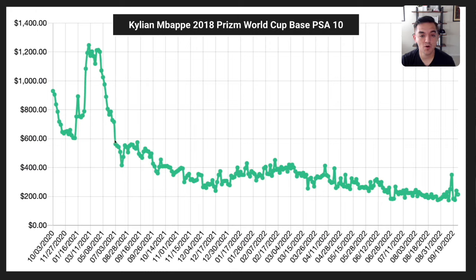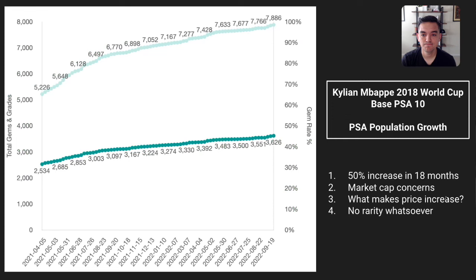And then you can see it came all the way down to $400 a little over a year ago, and then has slowly trickled down to almost $200 at the beginning of this year. You can see there's a little bump, and then again trickled down, and now we're sitting right around $200. So a card that was once over $1,200 a year and a half ago is now $200.